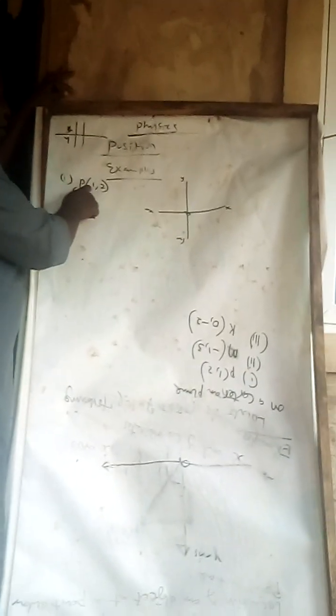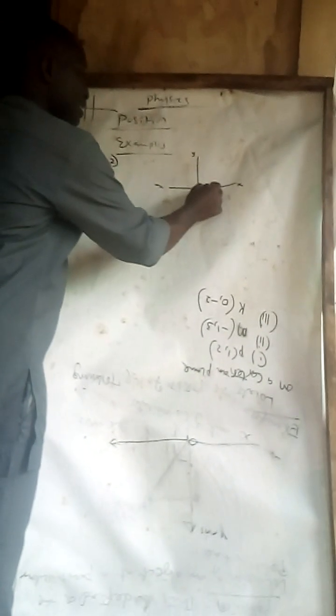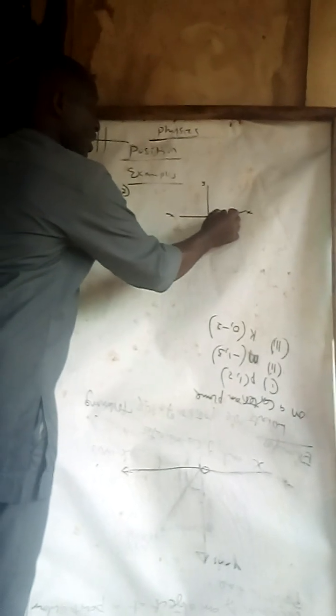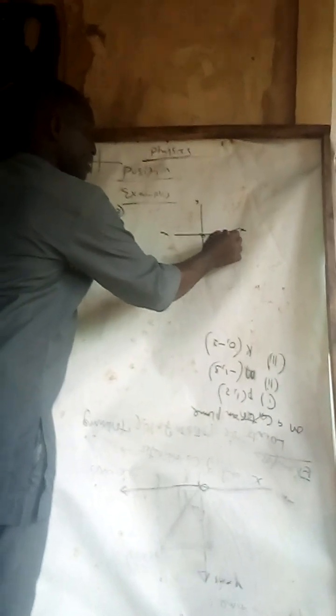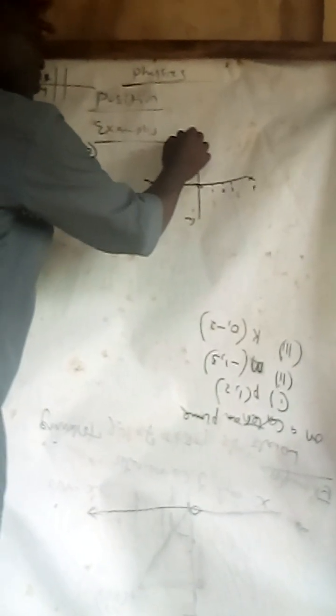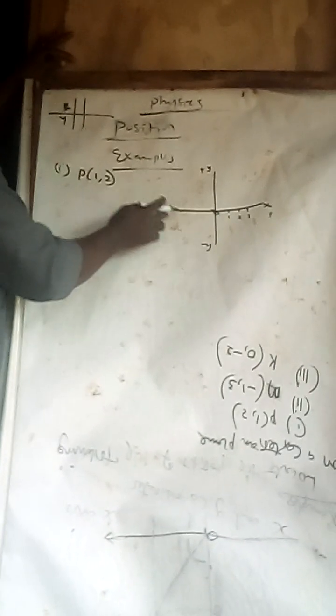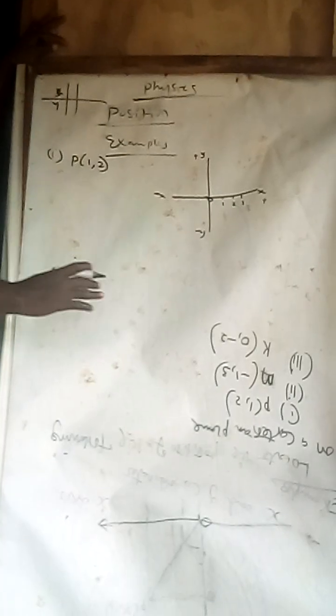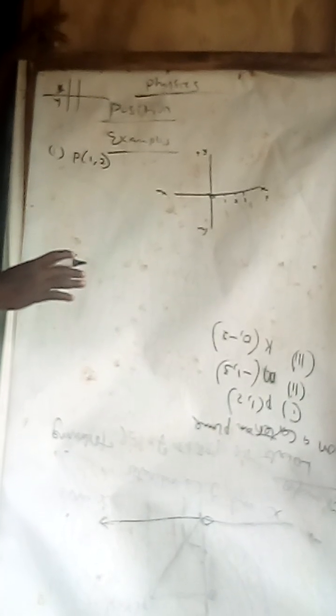Now for you to locate 1 and 2, you are just sketching. Here you will make equal distances of maybe 1, here is 2, here is 3. This is the positive direction. This is negative, this is negative. This is the standard mathematics Cartesian plane.